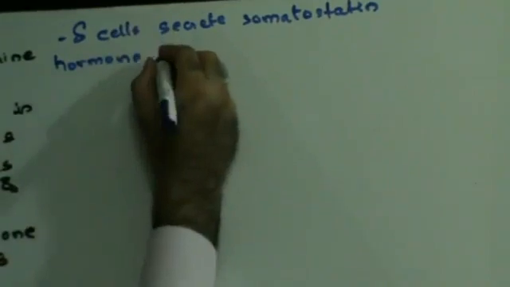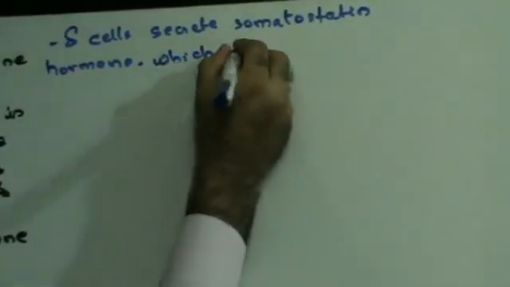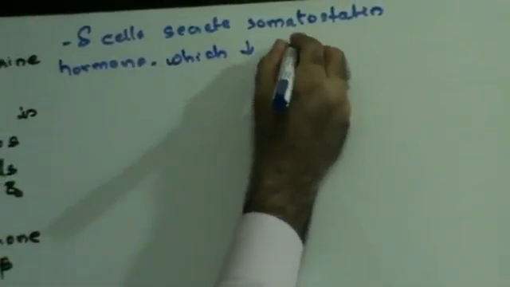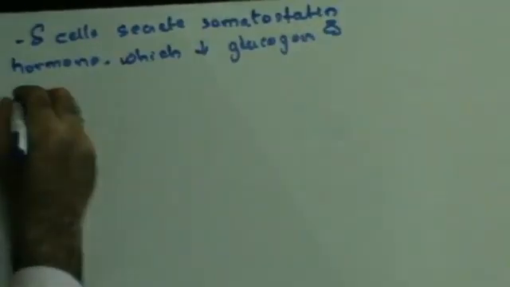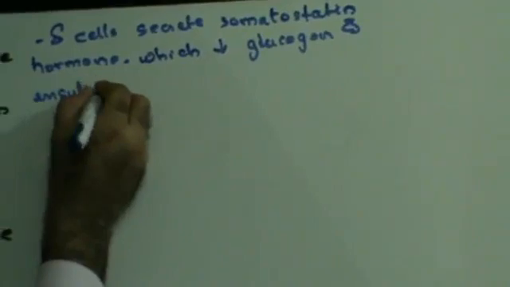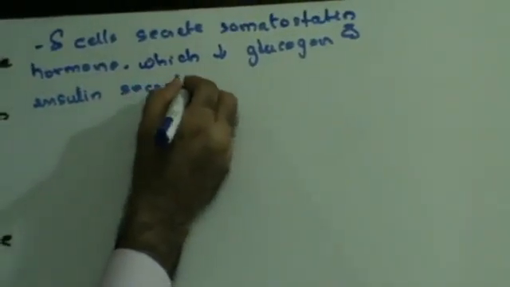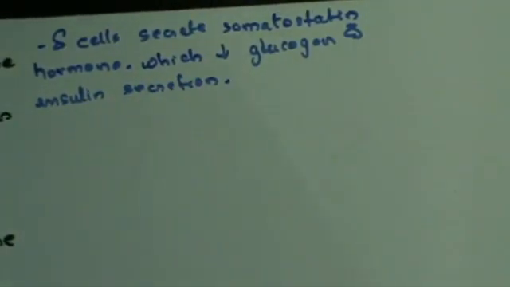Now what does this hormone do? It decreases glucagon and insulin secretion, both. Right? So that was all about the pancreas.